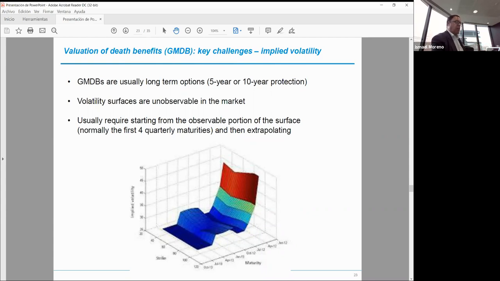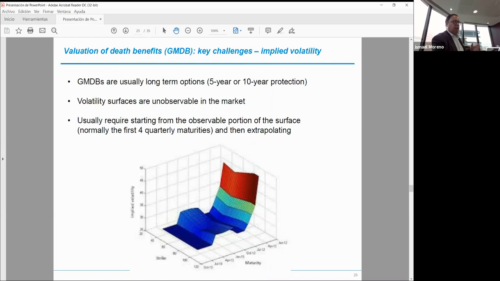But obtaining implied volatilities from the market is very, very difficult. You go out there, and there are only quoted options in option exchanges for the next couple of quarters, and not on all assets. So this is what made us limit the range of acceptable assets, so to speak, admissible assets of the underlying basket of funds, to only those where we could actually observe the implied volatility in the market, because we need that volatility in order to value the guarantee that we are giving the client.